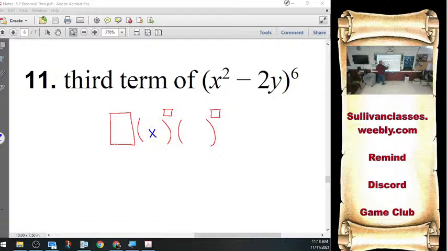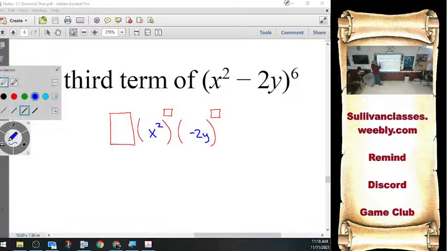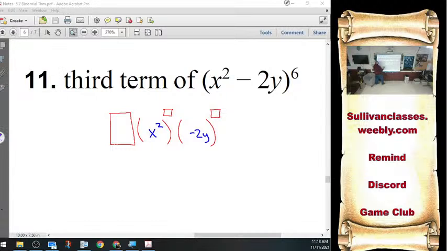Okay, I know x squared and negative 2y. Since I have the 6th expansion, 3rd term, I'll go to the 6th row, 3rd coefficient, which is 10? 15? And then, because it's a 3rd term, I know that I'm going to start at something to the 6th, something to the 5th, something to the 4th.